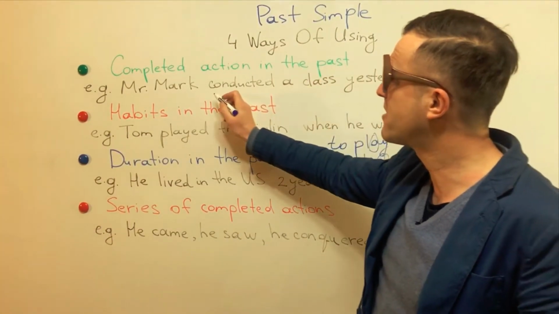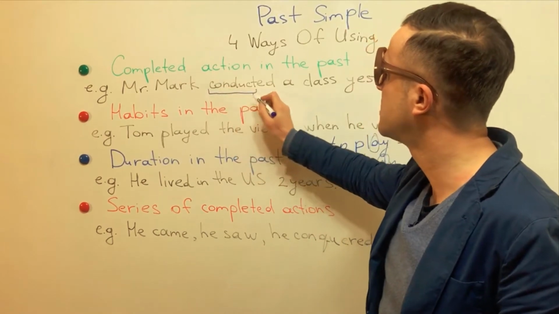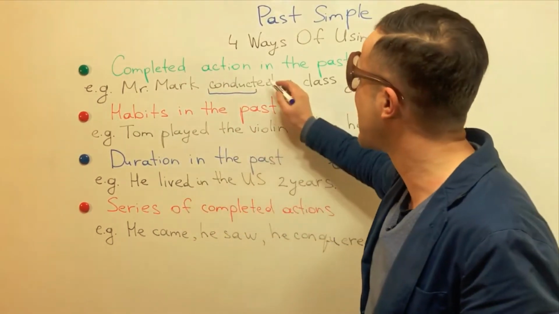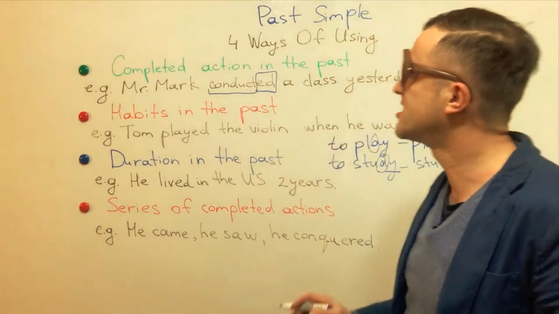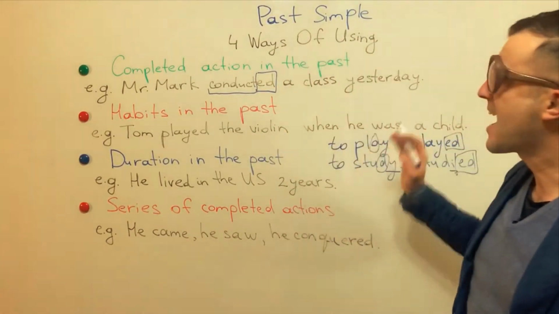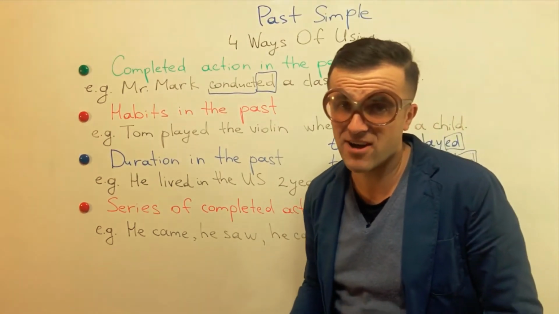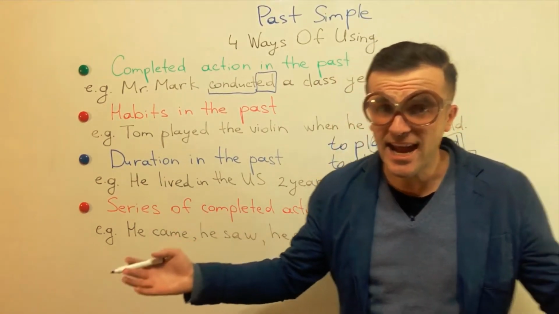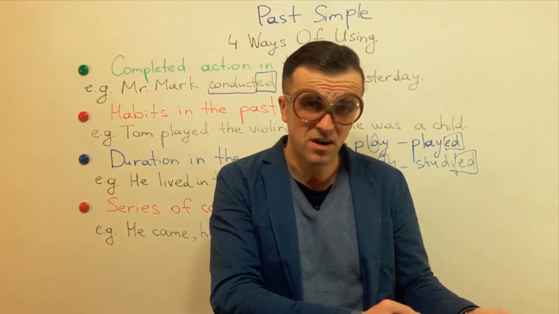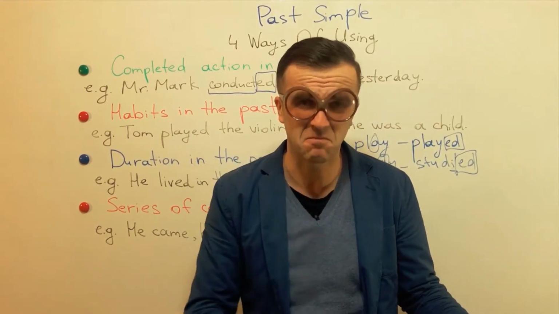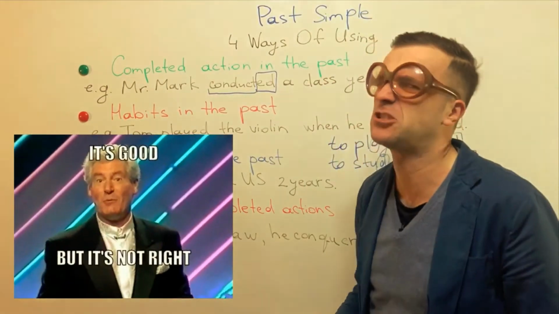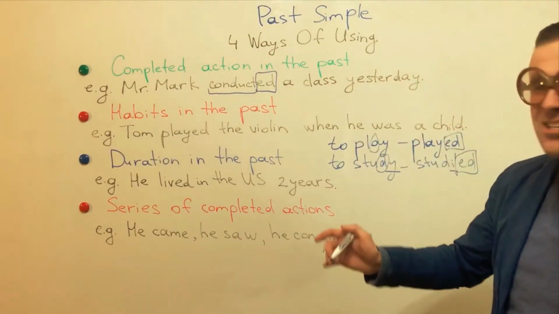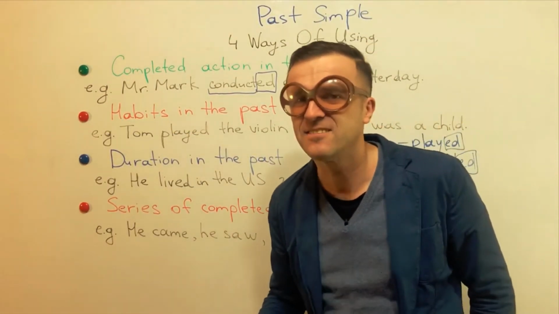So here we have the verb conduct and -ed at the end of the verb. Mr. Moore conducted a class yesterday. Alright? So for example, Jane cooked dinner last evening. But I think that it's not right. She's too lazy. Okay, so did you understand that?